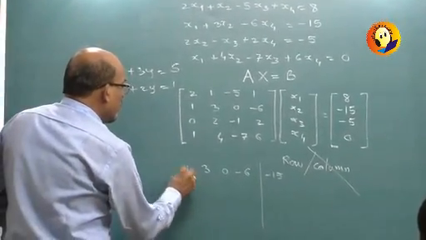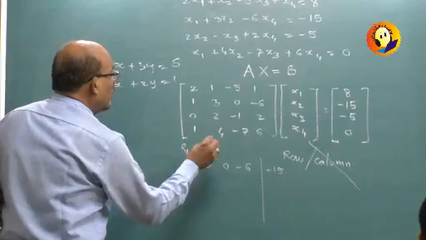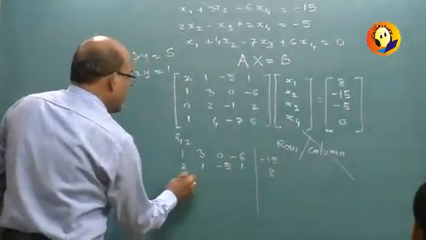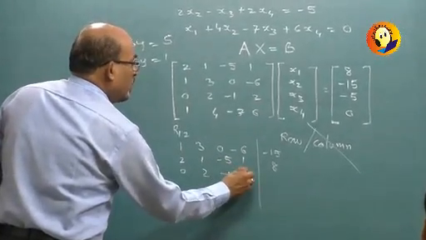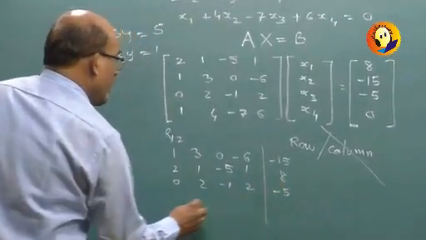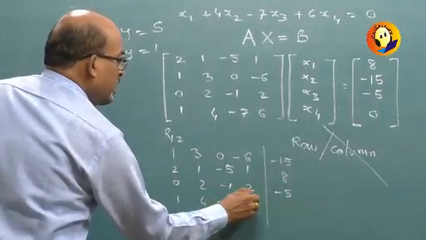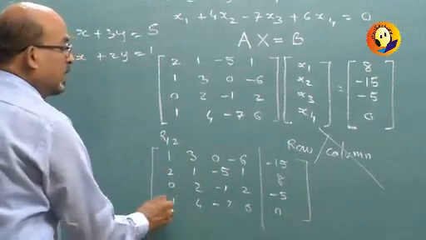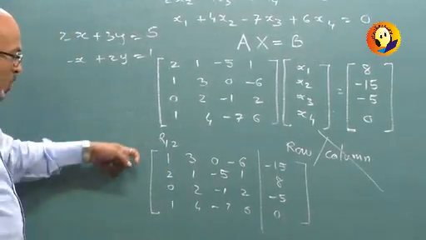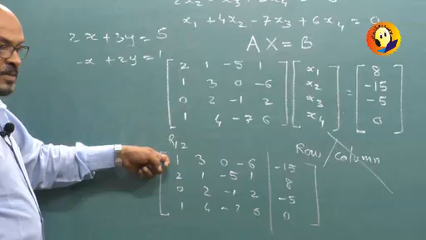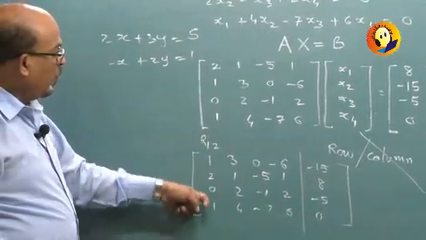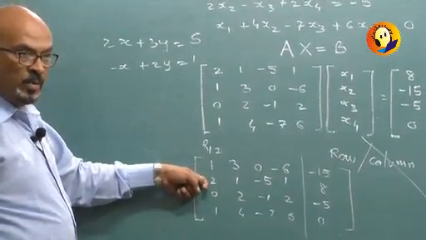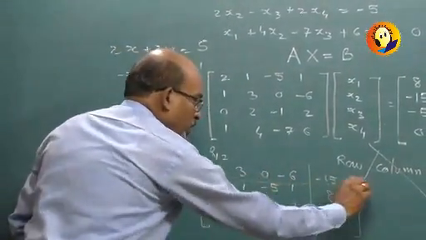So I am performing R12, then it is 2, 1, minus 5, 1, 8, then it is 0, 2, minus 1, 2, minus 5, and 1, 4, minus 7, 6, 0. And we continue in this manner. And obviously our operation will be R2 minus twice R1, R4 minus R1, and we will get this 0. So the first row is now locked.